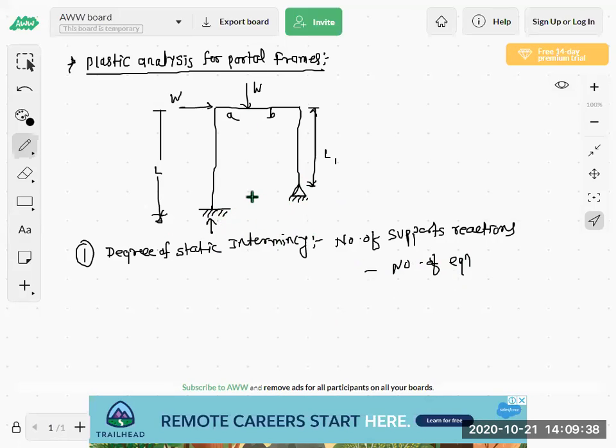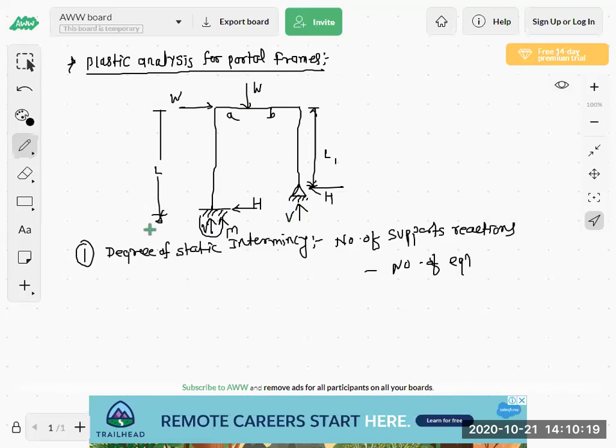Then due to the horizontal load, the opposite horizontal reaction will be there, and at fixed supports there is always a moment. So the vertical reaction, horizontal reaction and moment, three reactions are there for the fixed support. The other support is the hinge support, which has two reactions: one vertical and another horizontal.